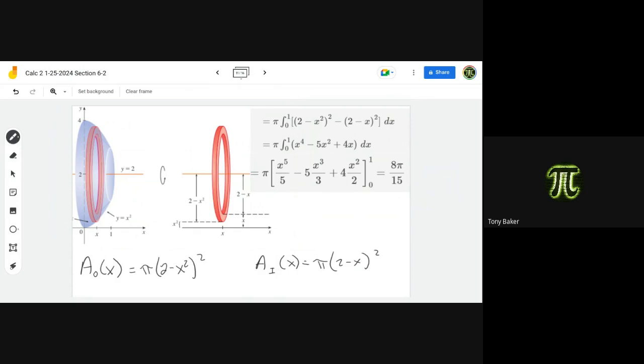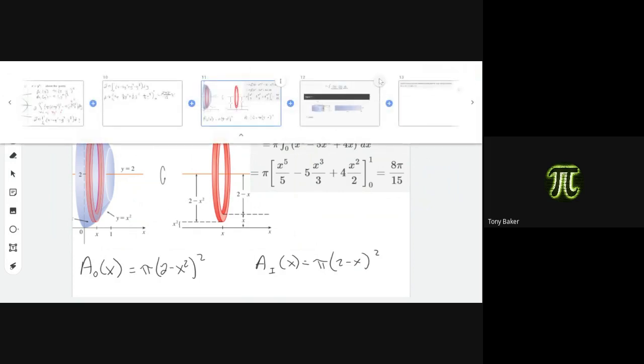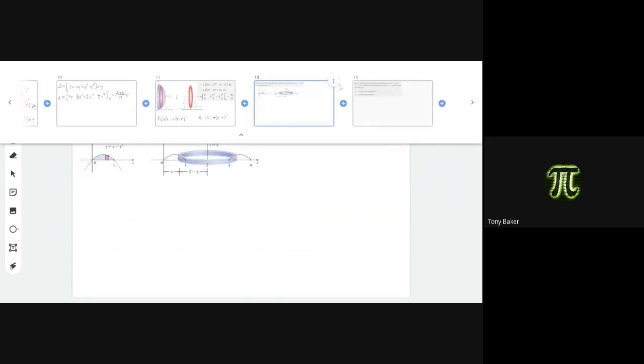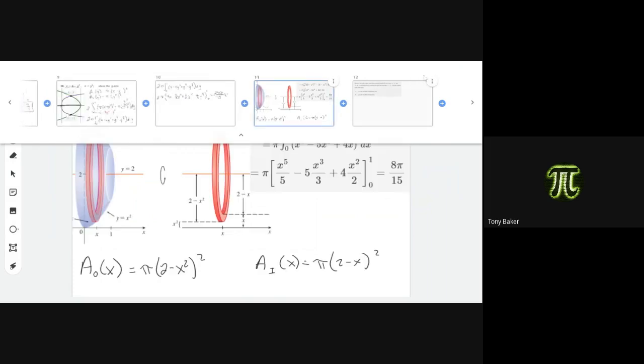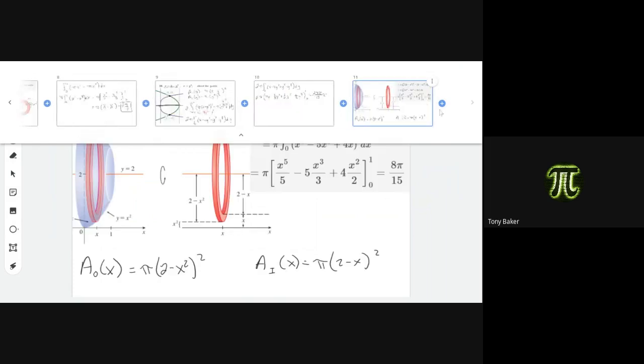All right. I'm going to change things up a little bit. I was going to do the cylinder method today as well, but I think I'm going to do that next time.